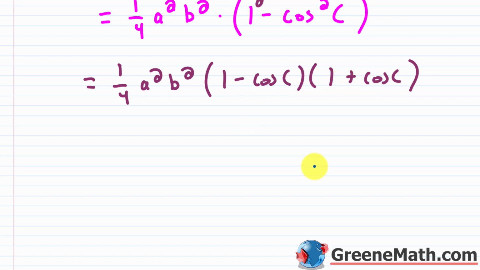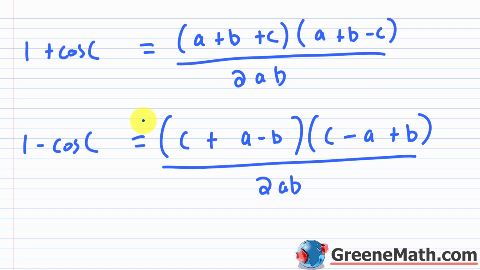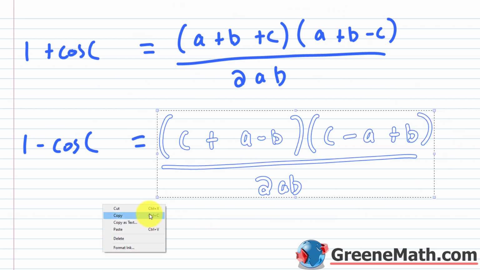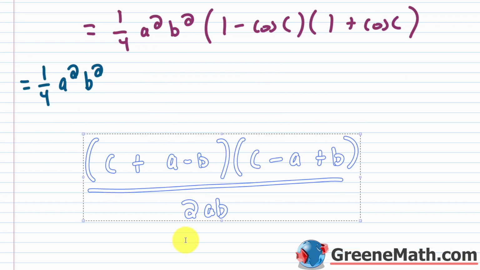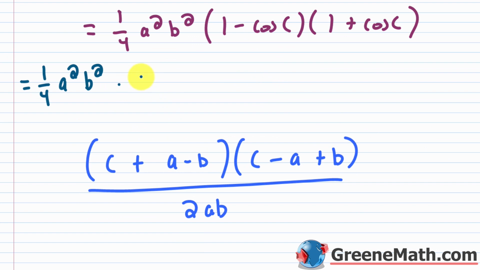I've got to write this as small as I can, and I'm not really good at that. So let me come all the way over here and say this is 1/4 times a squared times b squared, then times 1 minus the cosine of c. Again, that's going to be this guy right here. So let me grab that and paste this in here, and I'll just copy it so it's smaller. So I'll put times the quantity c plus a minus b times the quantity c minus a plus b, like this.